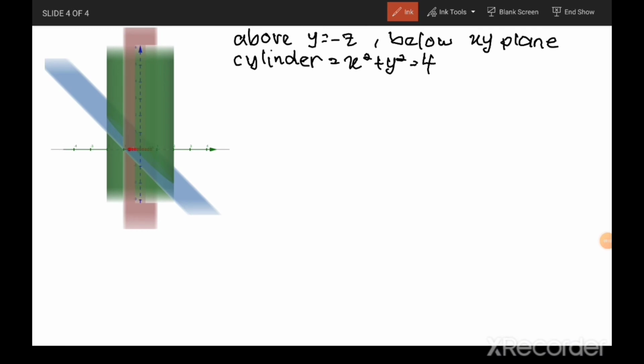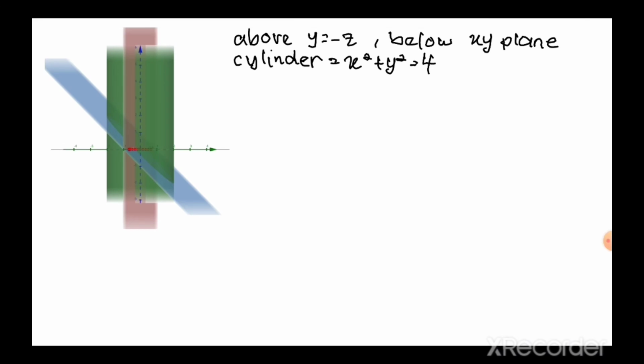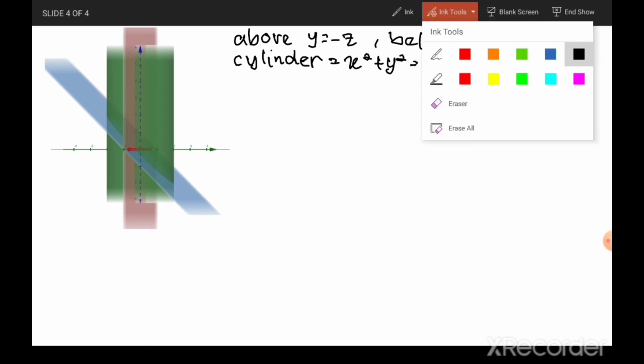Okay, for the last example, there is the plane y equals negative z, so the blue line is y equals negative z.